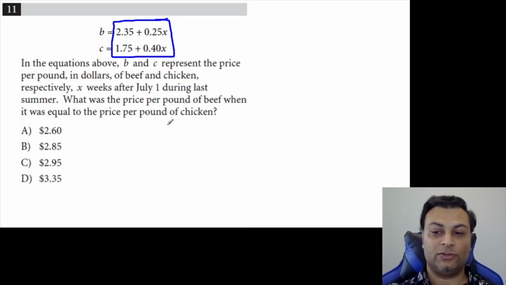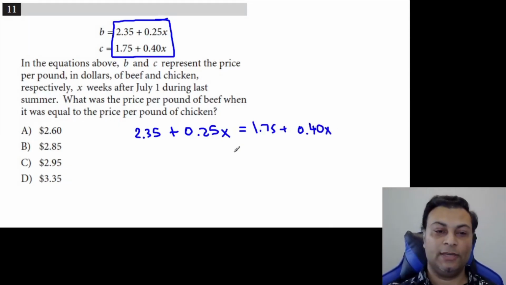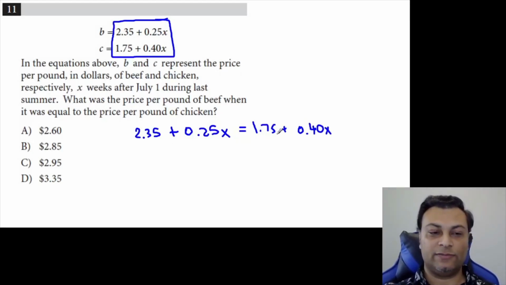So let's set them equal to each other. Let's do 2.35 plus 0.25x equals 1.75 plus 0.40x. Okay, now this is a lot of decimals. If you're comfortable working with decimals, you can just subtract 0.25x and keep going. But you can also multiply everything by 100, so you can work without any decimals.